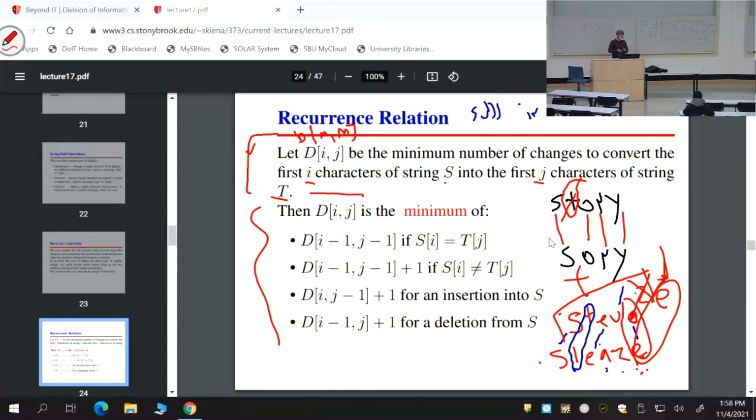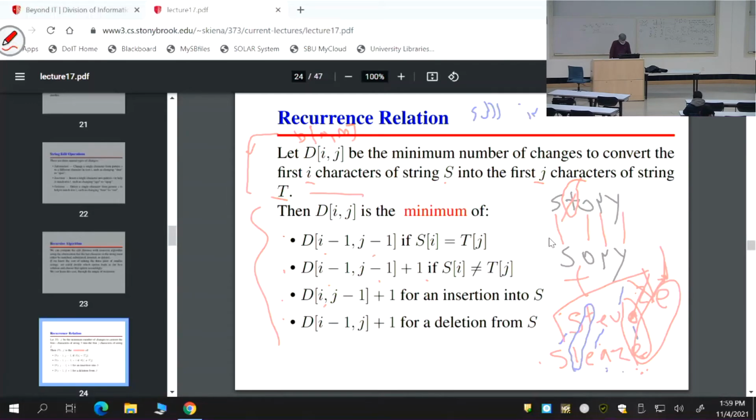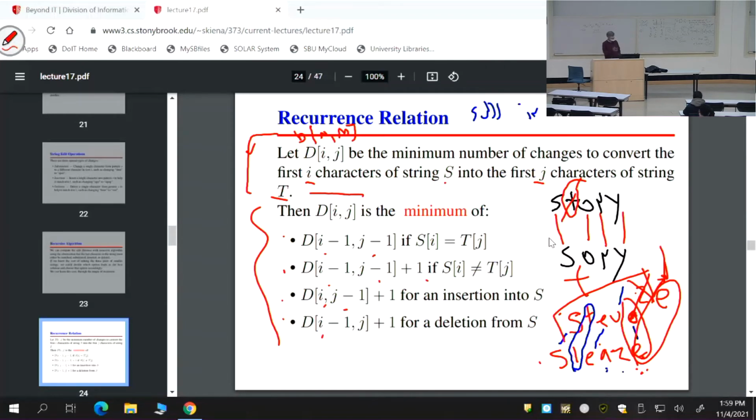The cost of doing it is the cost of the operation involved, either 0 or 1 or 1 or 1, and the cost of recursively solving the rest of the problem, which is this. My indices have gotten smaller in all of these cases, so I've made progress towards solving it.